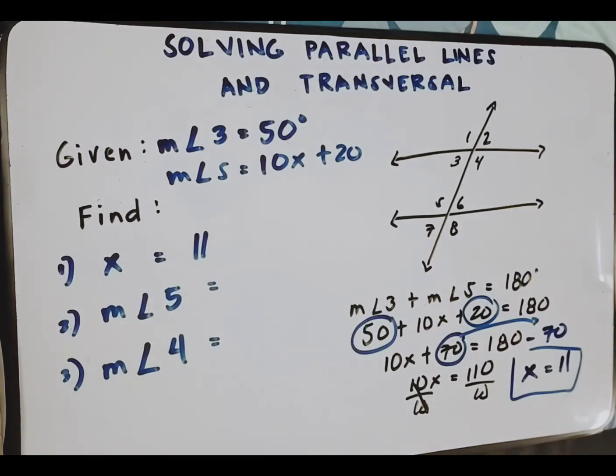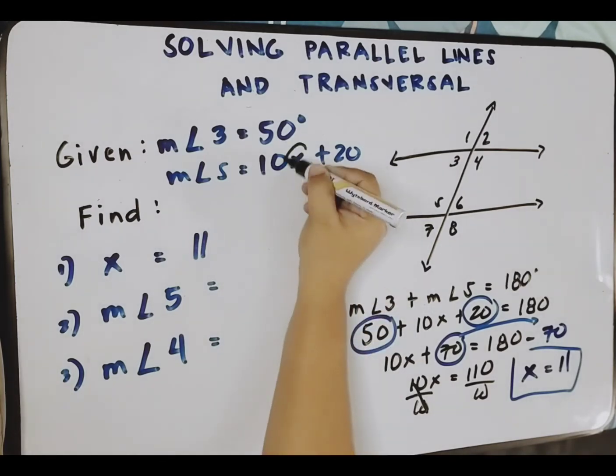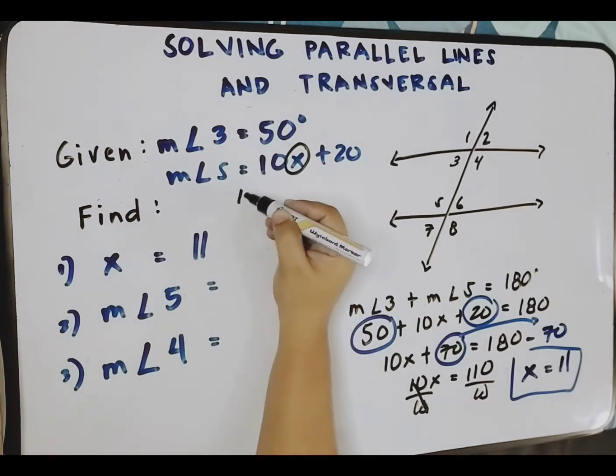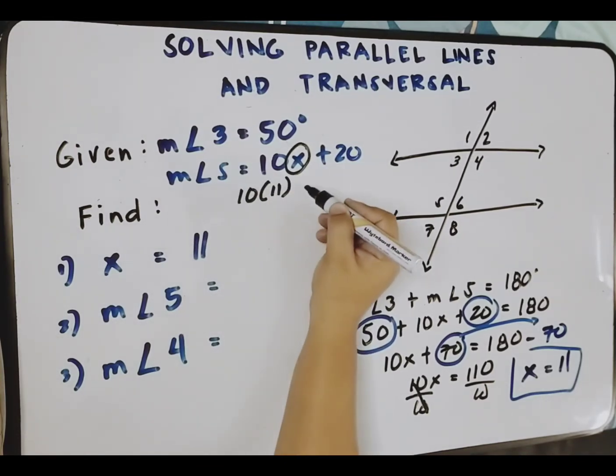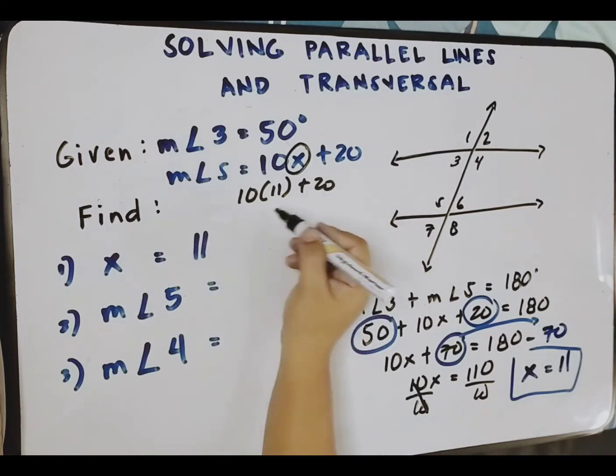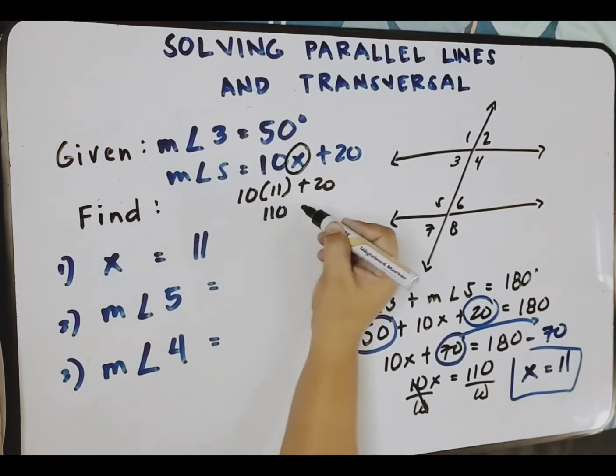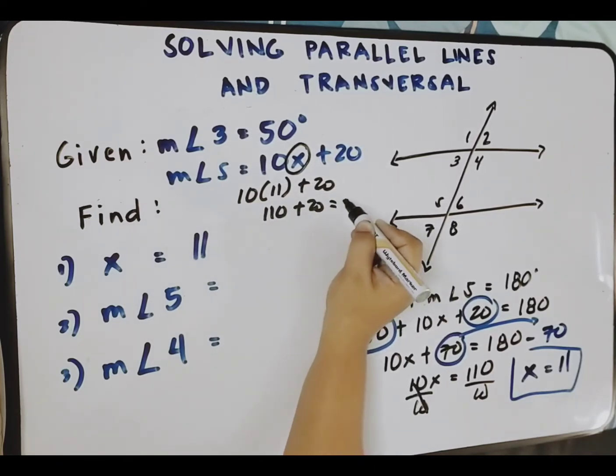Then, the measurement now of angle 5. Since we already know the value of x, we can substitute x with 11. So it becomes 10 times 11 plus 20. 10 times 11 is 110, plus 20 is equal to 130.